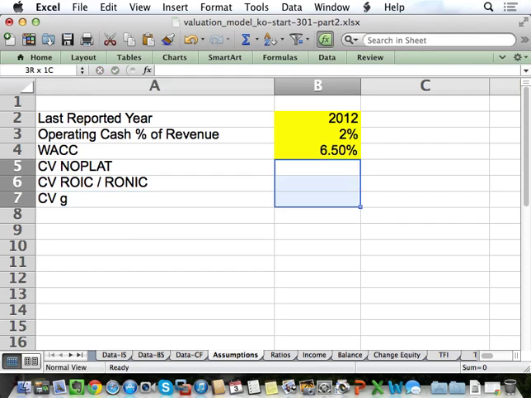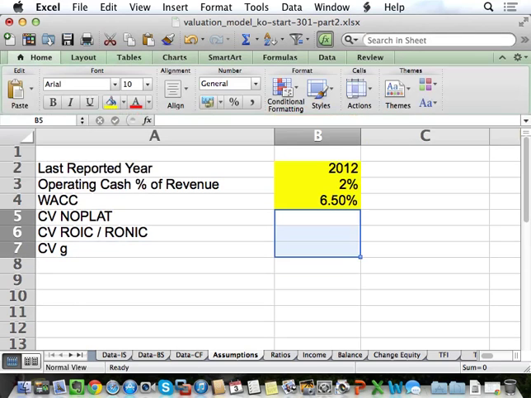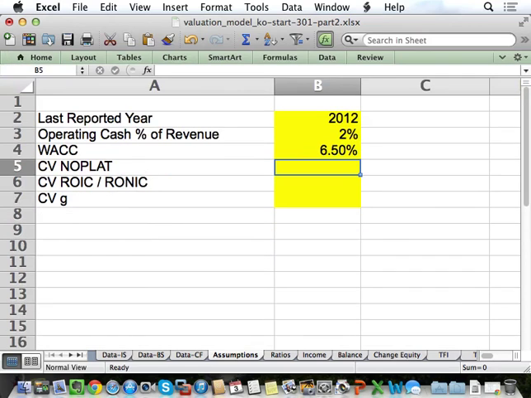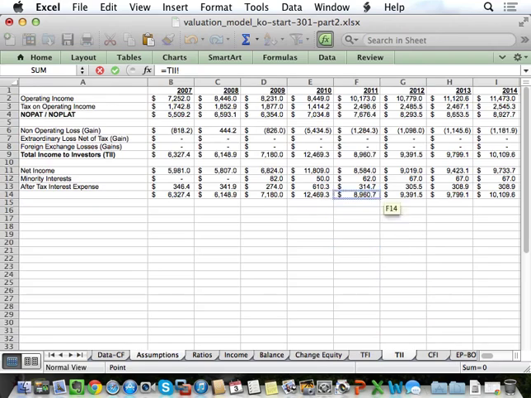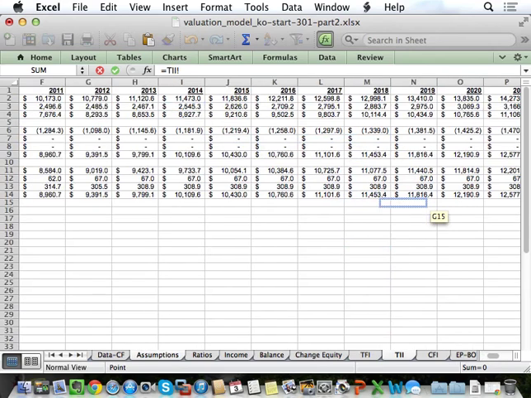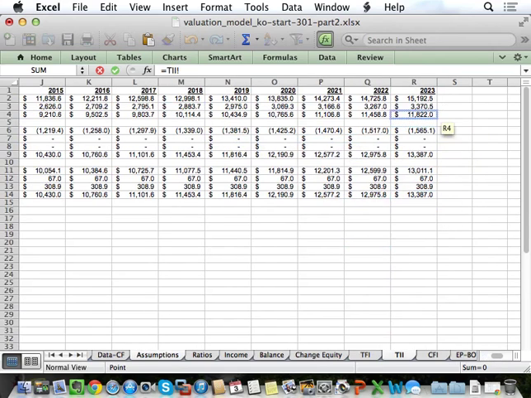I'm going to make all these yellow because these are assumptions that I might choose to change in the future. So my continuing value NOPLAT is my 2023 NOPLAT, which in this case is off the TII. And we had forecasted a NOPLAT in 2023 of 11,822.